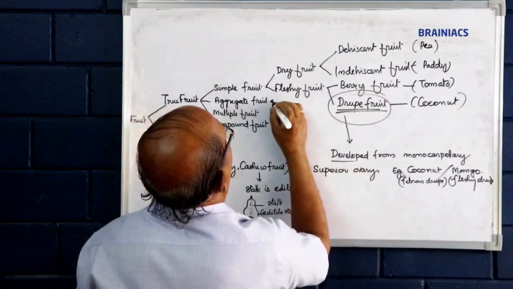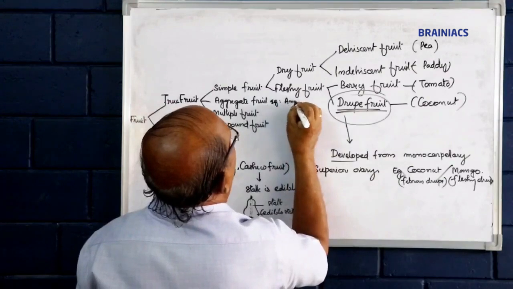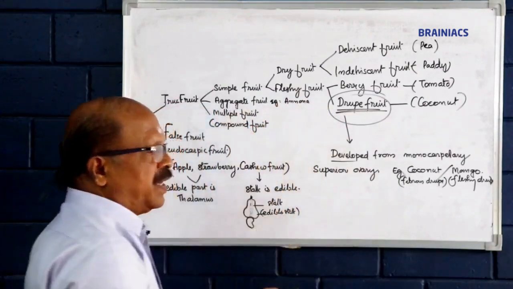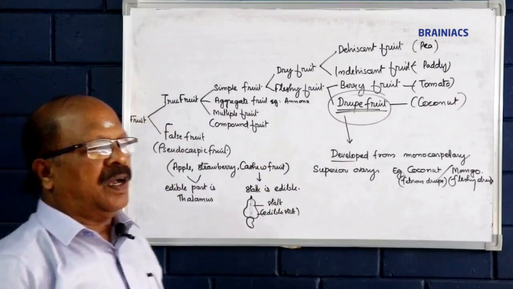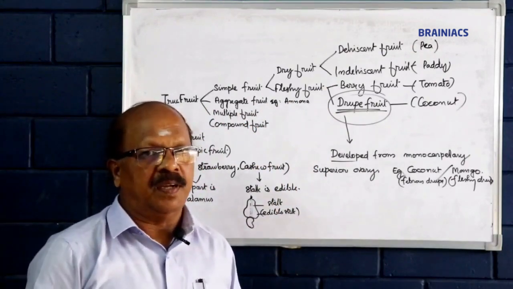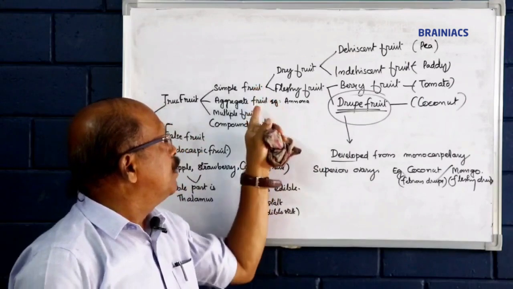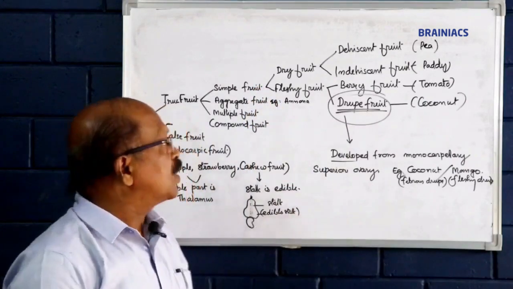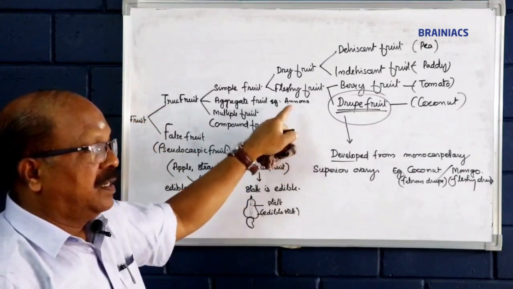Aggregate fruit, Annona, is developed from a multicarpellary apocarpous ovary, unlike syncarpous. Multicarpellary apocarpous ovary becomes Annona squamosa.